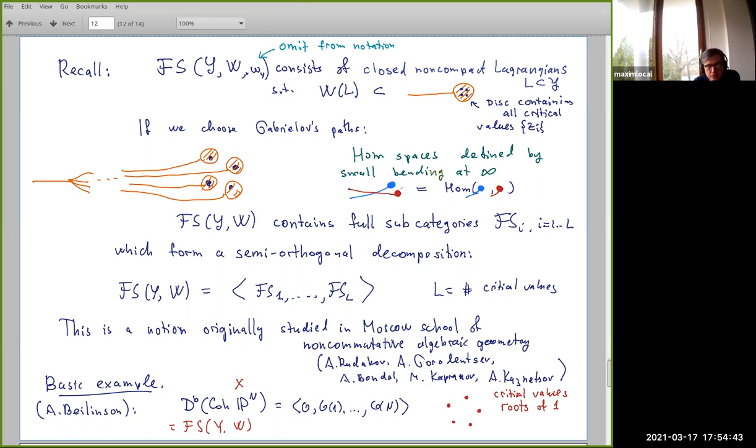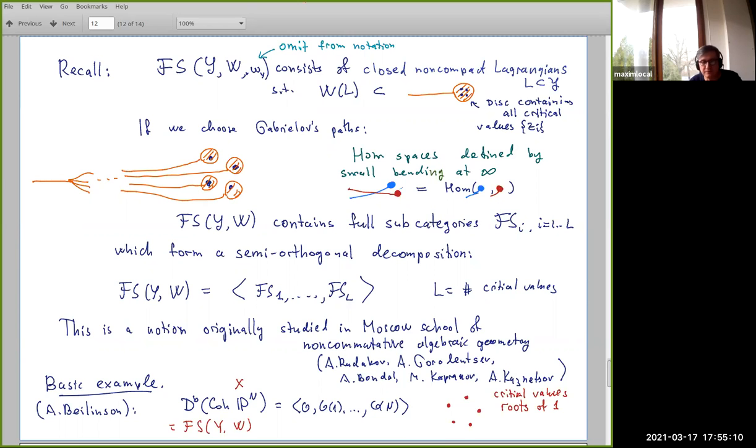He wrote it in the case when the critical values are Morse critical points, but it's very general. So it's a semi-orthogonal decomposition into a collection of these S1, ..., SL, and Homs. What does semi-orthogonal mean? Any object is obtained by extensions, and there are no Homs, for example, from the larger one to the smaller one.